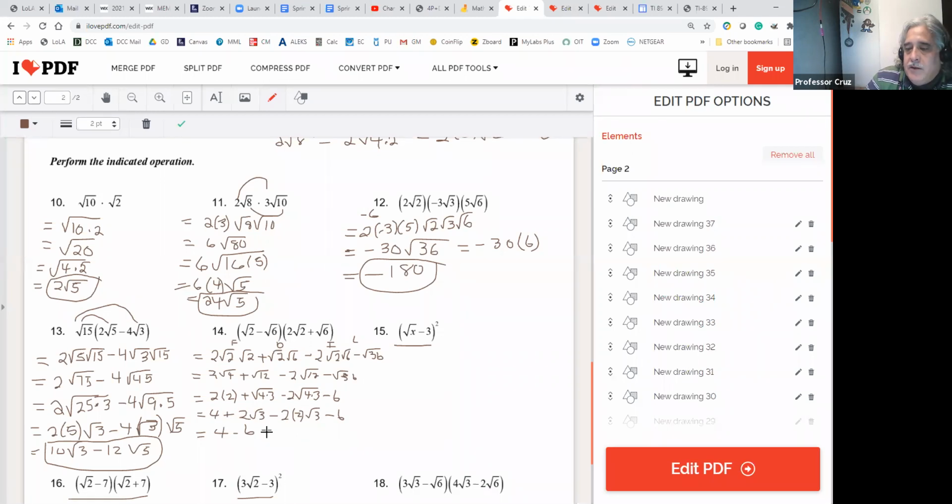And then this is 2 square root of 3 minus 4 square root of 3. I said it and then I didn't write it. So this is negative 2 and 2 minus 4. All right, how does that look?